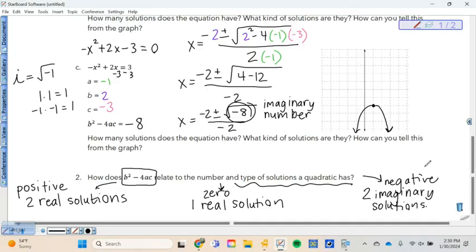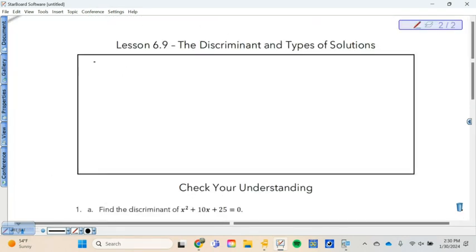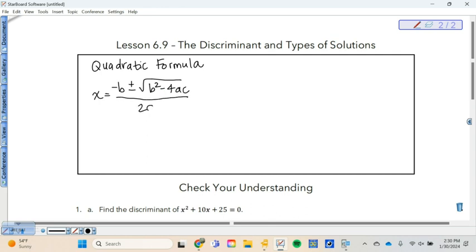Okay, let's look at the other side. So again, let's copy down the quadratic formula. x equals negative b, add or subtract the square root of b squared minus 4ac, divided by 2a.